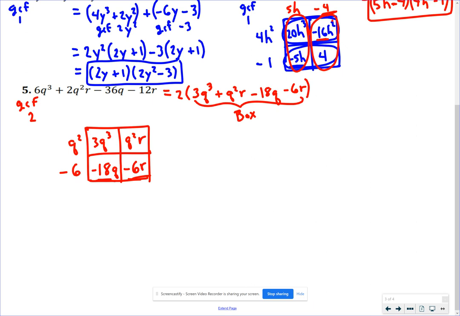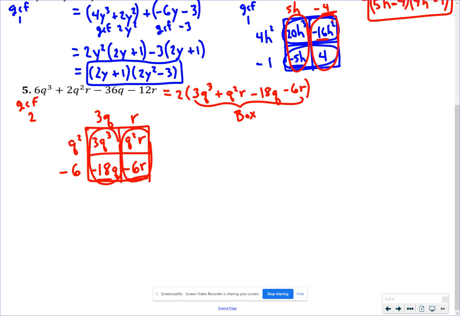So GCF is a 6. Q and R, nope, different variables. All right, so then I do the first column. 3q to the third and negative 18q. That's going to be a 3q. And then finally the last column. Looks like we have an r in common.